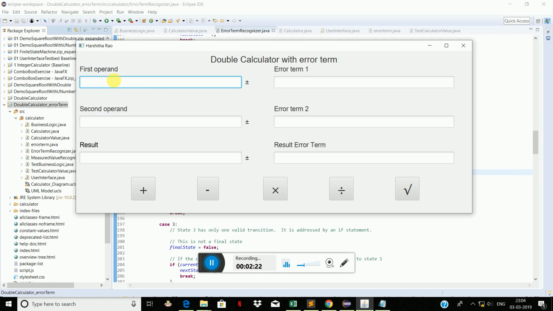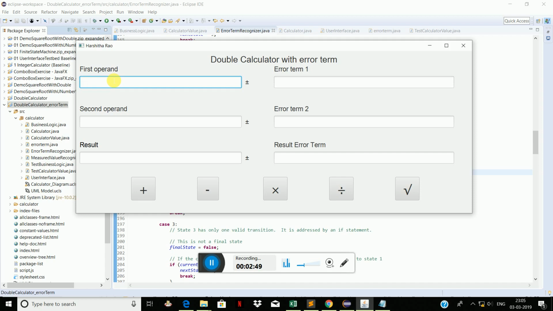The acceptable result is up to 5 zeros after the decimal point for the measured value, and for the error term we need to display the scientific notation. We even handle scientific notation for the measured value result as well as the error term results.